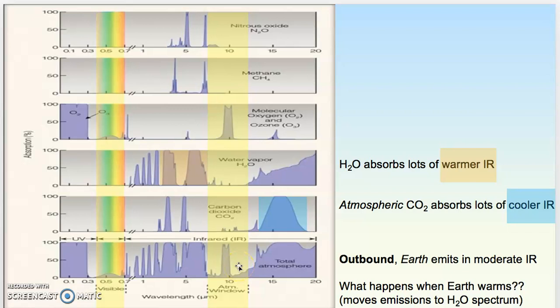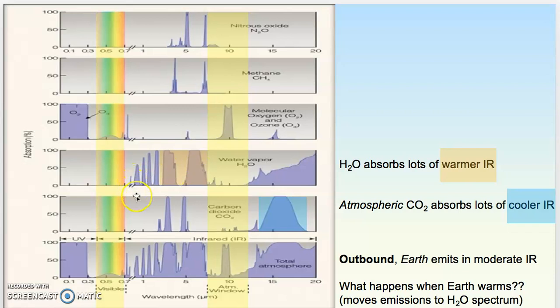Well, when the Earth warms, it will emit IR in a shorter or warmer side of the spectrum, more toward here. And as a result, that IR emission from the Earth will get trapped by the water vapor that likes to absorb in that wavelength, right in the IR that is a bit warmer.